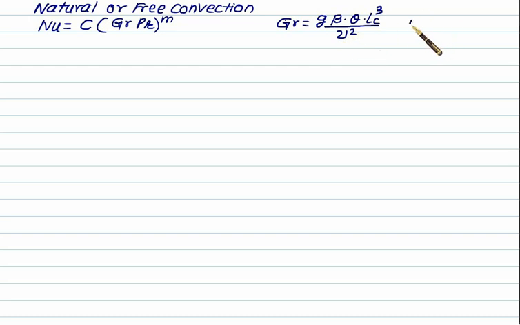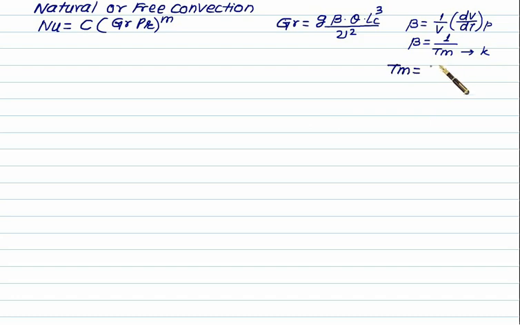Here beta is the coefficient of volume expansion, given as 1 by V into the change in volume divided by the change in temperature at constant pressure. In case of gases, beta will be the same as 1 upon Tm, but you have to take Tm in Kelvin. Here Tm stands for mean temperature.